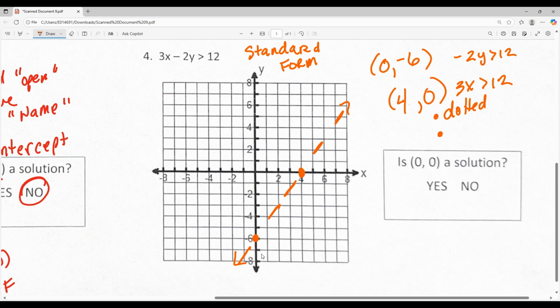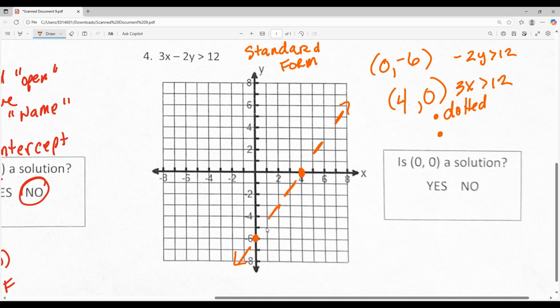Now, with inequalities, remember, when you divide or multiply by a negative number, what happens to the inequality? It flips, changes direction. You can take the time and put this in slope-intercept form, but we already have it graphed.